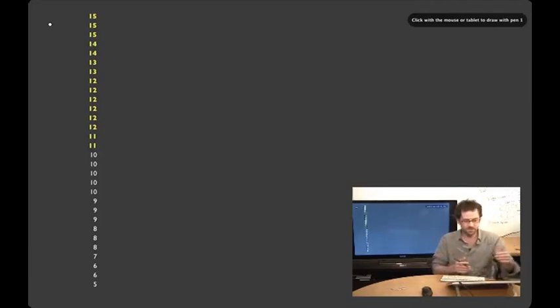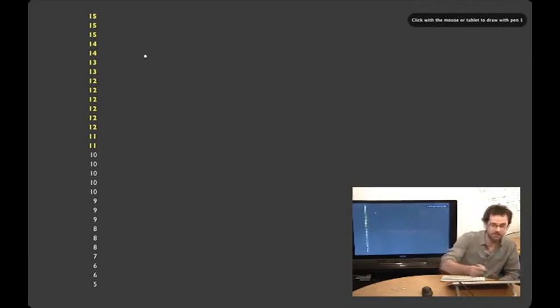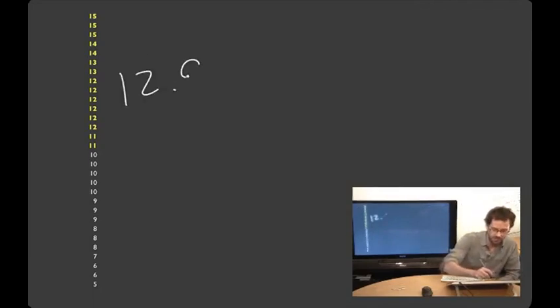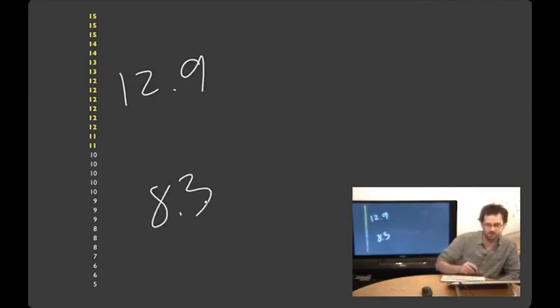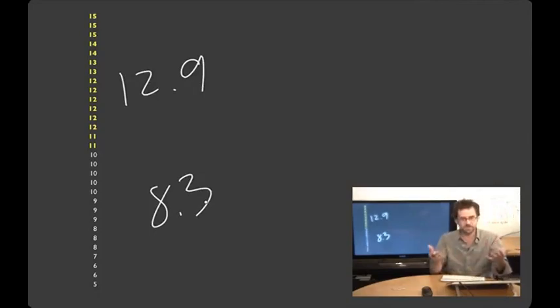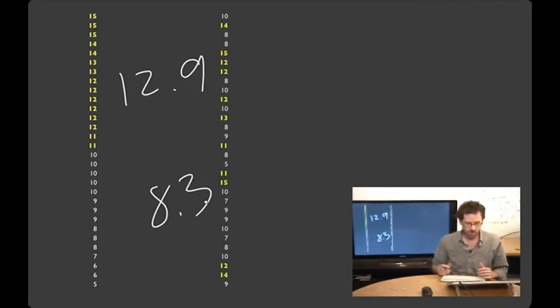And if we rank them by number, it turns out 15 of them had a head tendency, 15 had a tail tendency, and the average of the heads is 12.9, and the average of our tail tendencies is 8.3.